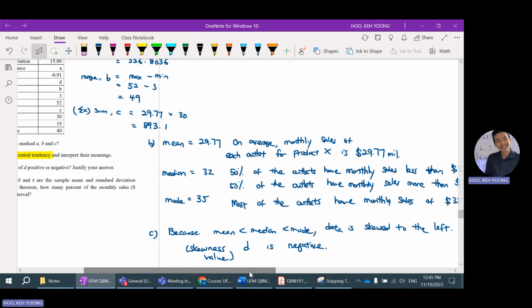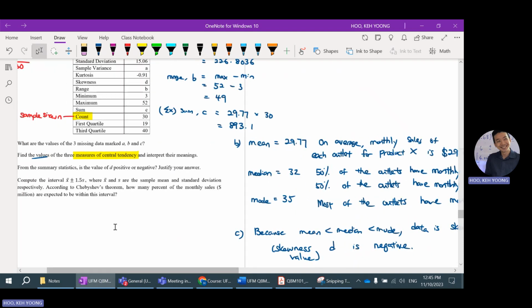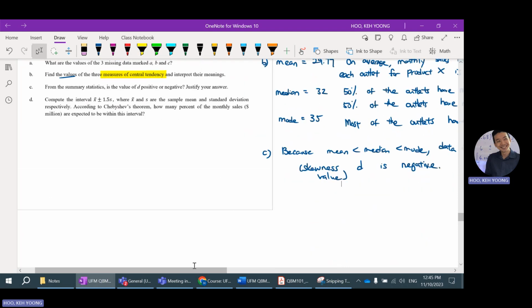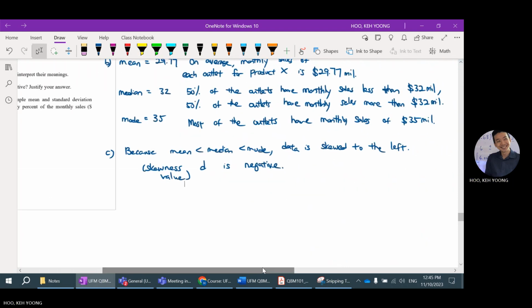The next question is asking you to compute the interval, taking the sample mean plus minus 1.5 times the standard deviations. After finding the interval, how many percent of the monthly sales are expected to be within the interval? You have your sample mean in the middle.